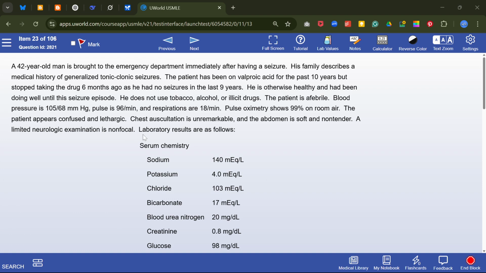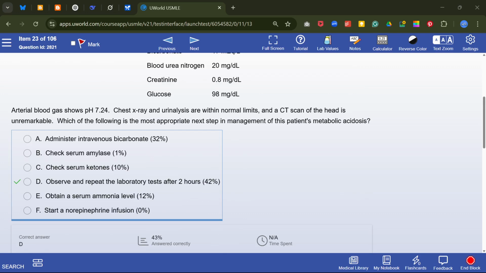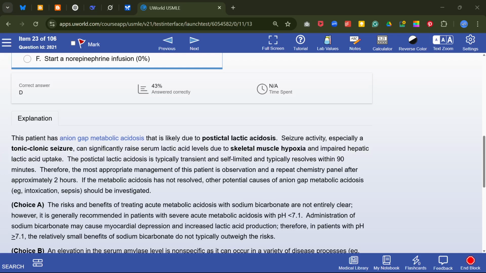Okay, the final question. This patient has a generalized tonic-clonic seizure. We have discussed earlier that if there is seizure, there is postictal lactic acidosis. Lactic acid may be high, but it completely resolves after 2 hours or after 90 minutes.